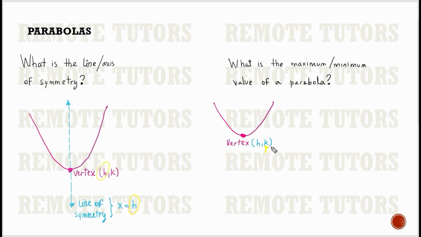So this guy is the one that is called the minimum. And when the parabola opens down, the vertex is on the top. So the y-coordinate of the vertex, k, will be known as the maximum.